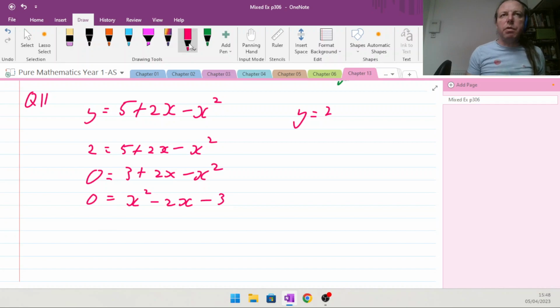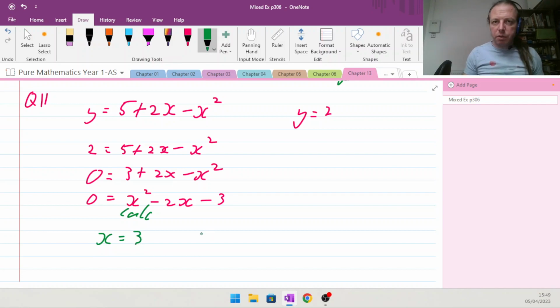Don't really need to do it, but I like to. Into the calculator again, still open from the previous question. It's 1, minus 2 and minus 3 in there, and we get a nice x equals 3 and x equals minus 1, which is correct looking at the picture that they drew.